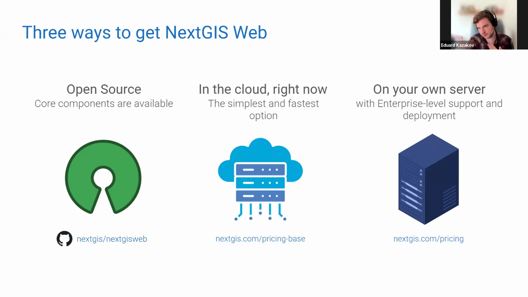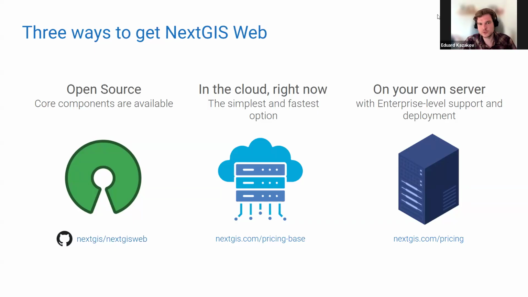And if you're doing some serious business, we can deploy it on your server and provide support, professional deployment, and all the stuff needed, training, if you are going to use it in high-level production and stuff like that. But again, it's open source and you can reproduce everything I will show you today on your own without paying us anything. It's a very important thing for us. As you can use QGIS, you can also use NextGIS Web.